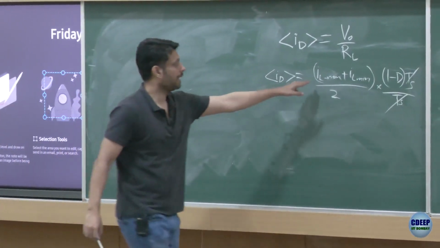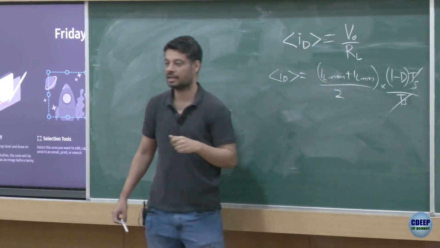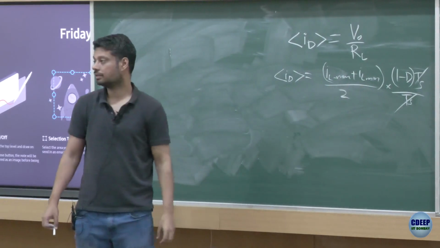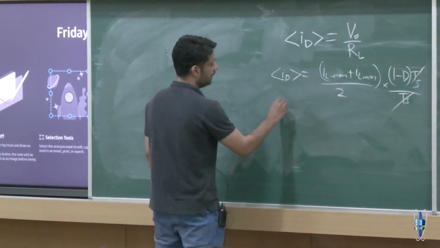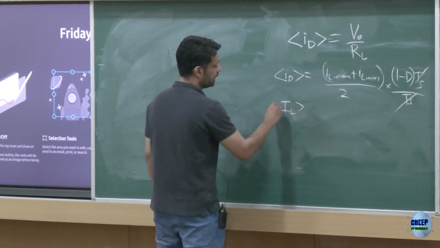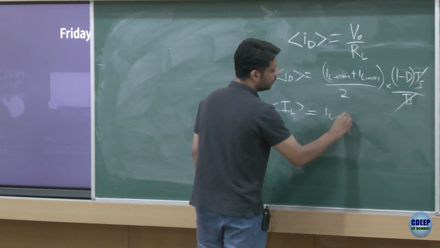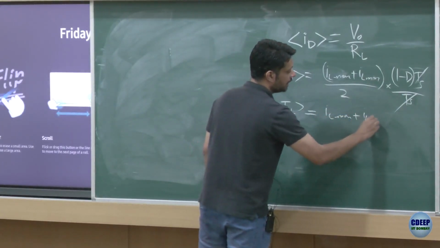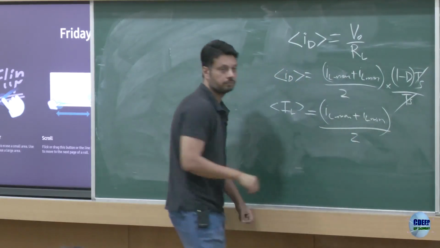Where this is IL max, which is the same as I diode max, and this is IL min, which is the same as I diode min. Is that okay? And what about the inductor current average value? The inductor current average value is nothing but equal to (IL max plus IL min) upon 2.